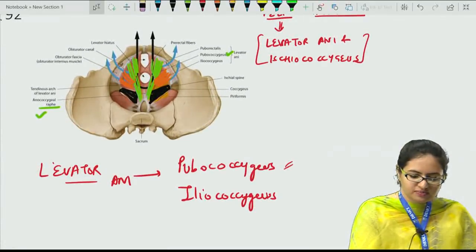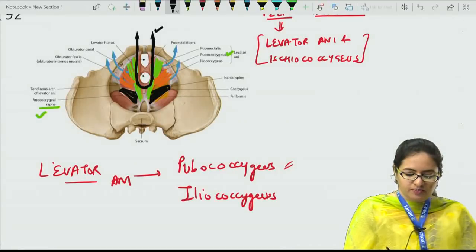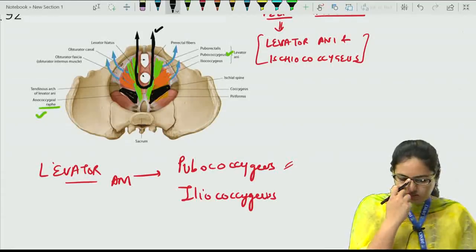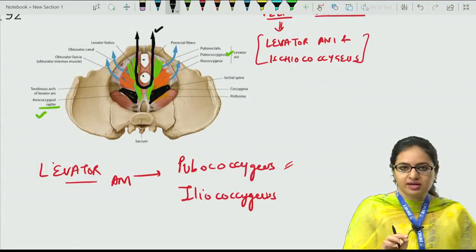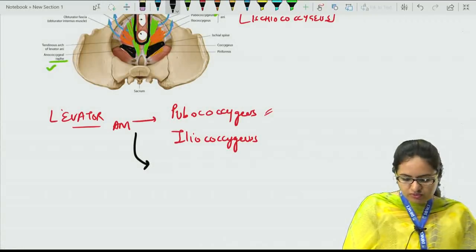This black structure shown over here forms a sling around this, and this sling is known as the puborectalis, which maintains the continence of the rectum. The puborectalis slings around the anorectal junction. So one of the components of the pubococcygeus is the puborectalis.